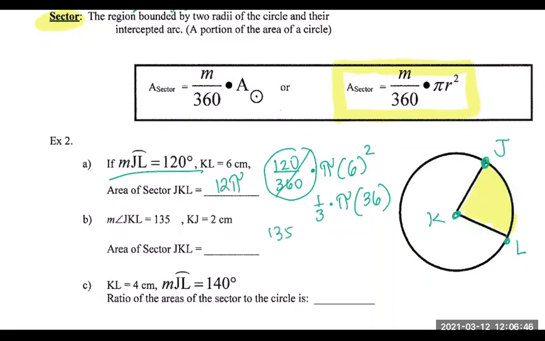It's 135 over 360 times pi r squared. Okay, so we simplify. 4 goes into 360 90 times. 45 goes into 135 3 times. 45 goes into 90 2 times. So 3 pi over 2.